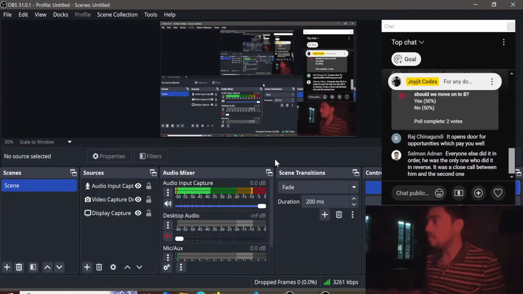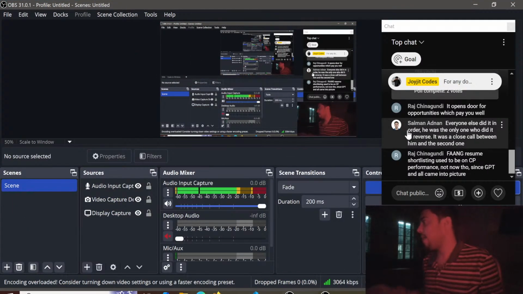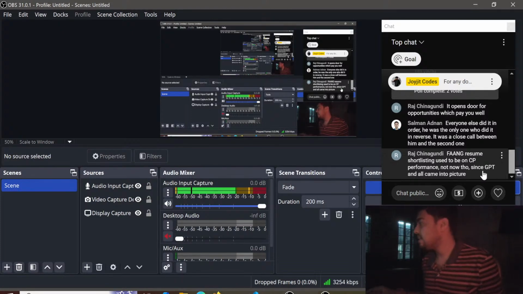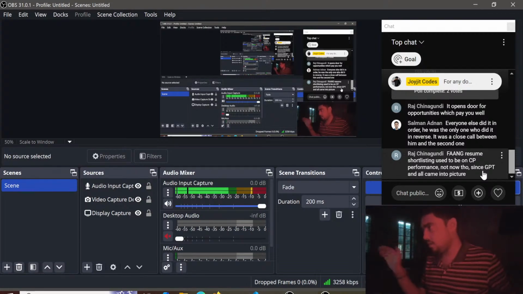So yeah, development stuff. Fang resume shortlisting used to be on CP performance, not now though, since GPT and all came into the picture. Exactly, after GPT came into the picture, I think we all went through the lows.